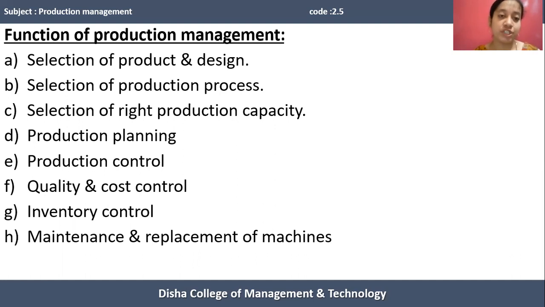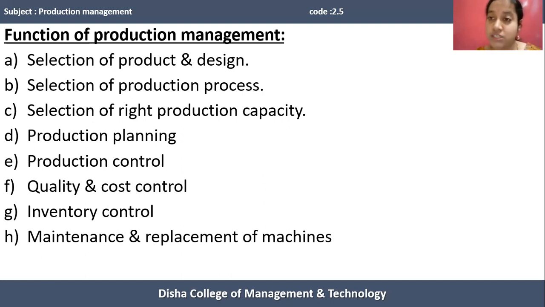Next function of production management is the selection of production process, means what type of process the manufacturer follows for producing a particular product. Under production management, the production manager decides what type of process the industry adopts for manufacturing a particular product.